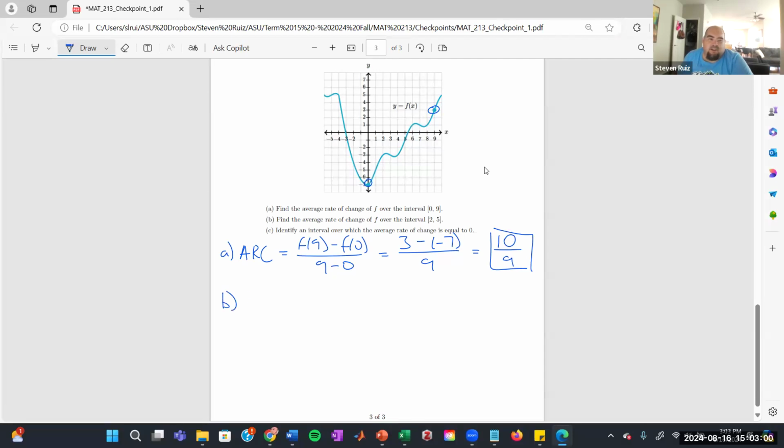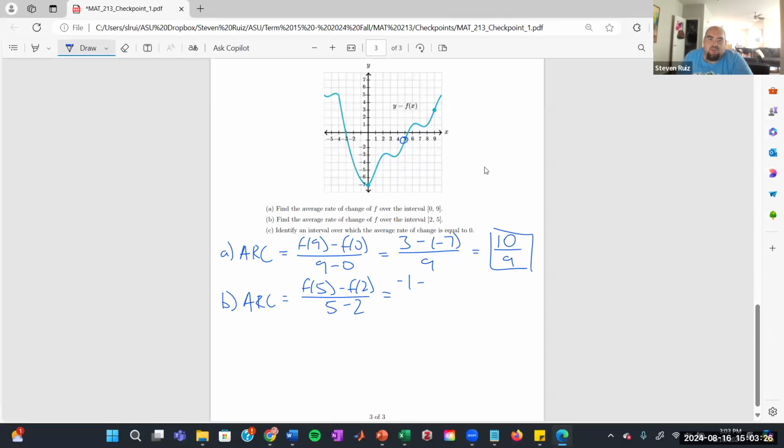Part B asks us for a similar calculation over a different interval. So what is f of 5 minus f of 2 over 5 minus 2? Same sort of thing. I'm going to erase these and find these points again. When x is equal to 5, what is y equal to? That looks like 1, or sorry, negative 1.